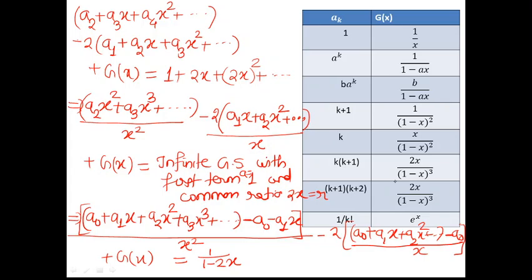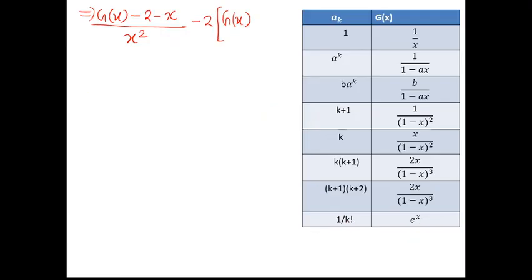You can see this is g of x. This complete term is g of x minus a0. So again substitute the value of a0 upon x. This is g of x minus a0 is 2 upon x. Then plus g of x is equal to 1 upon 1 minus 2x.